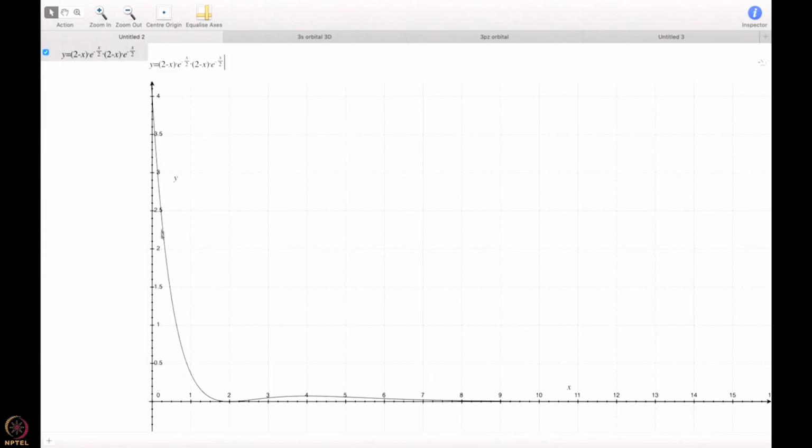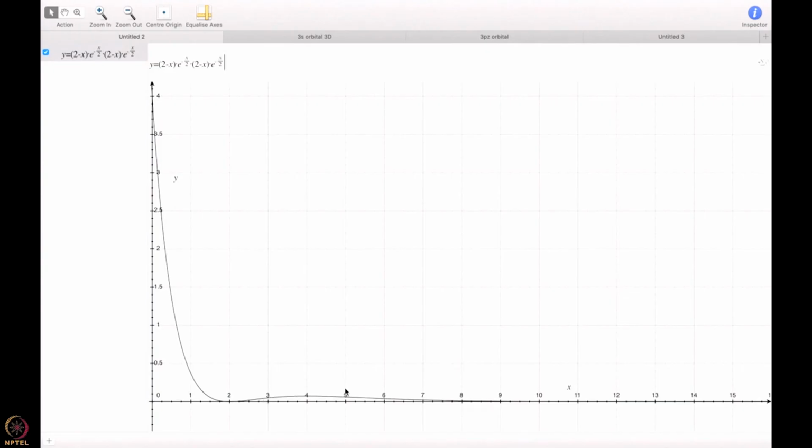Near the nucleus, the wave function and therefore square of the wave function is huge. Remember, square of wave function is probability density, not probability. The outer lobe that we have here is actually very small, and this is positive because I have taken square. Okay?